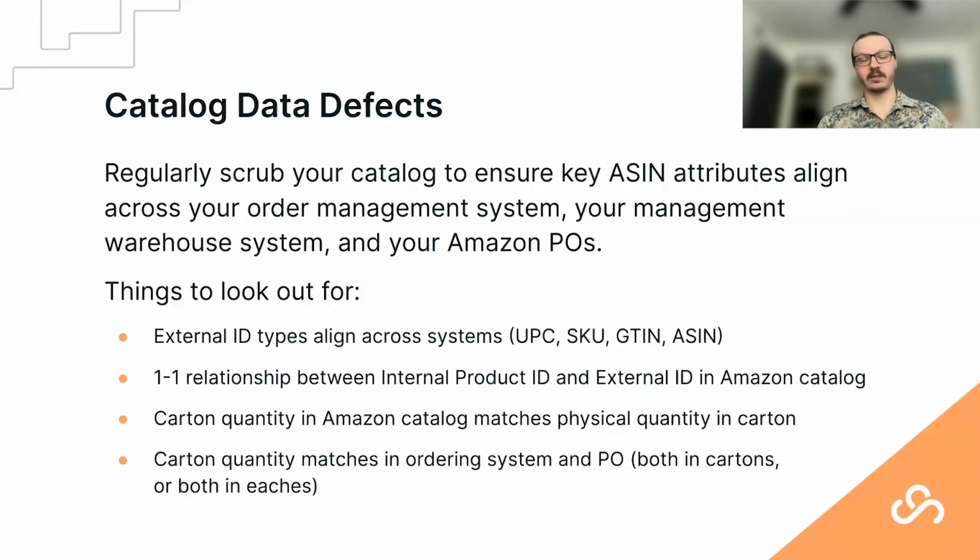So we talked about this a little bit just previously, but regularly scrubbing your catalog to ensure that key ASIN or item attributes align across your order management system, your warehouse management system, as well as through the Amazon POs is really key.